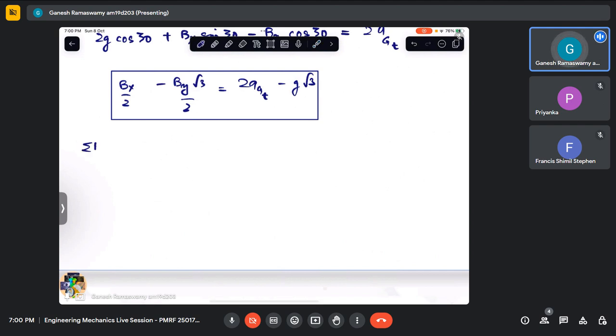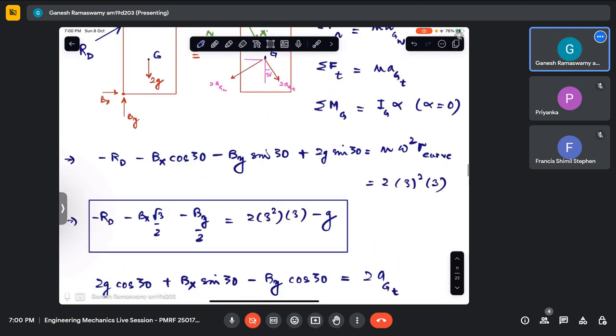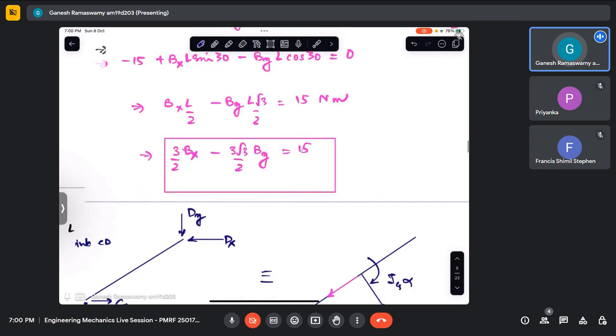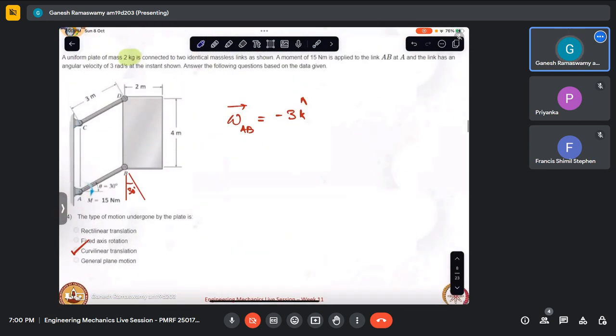So sigma moment about G equaling 0 will give us Dy into, okay, what are the dimensions of the plate? Is it given in the question? It is 4 and 2. It is 2 and this is 4. Okay, so in such a case, if this is G, I know this distance is 1. Similarly, this distance is 2 meters.